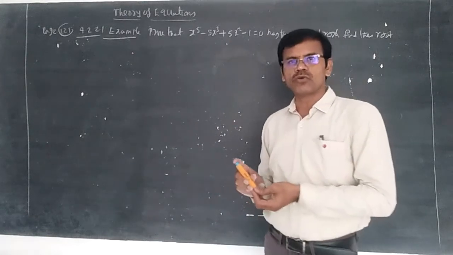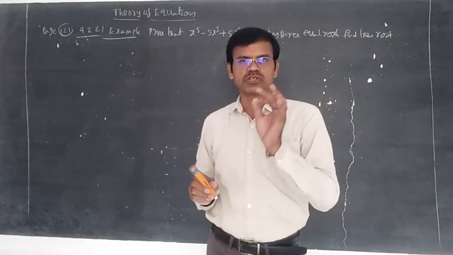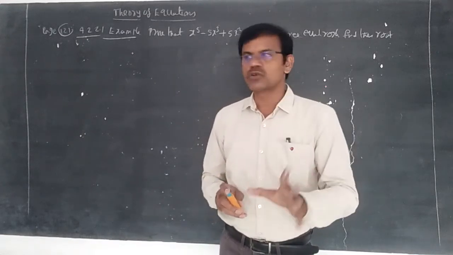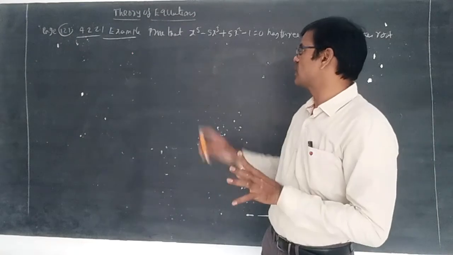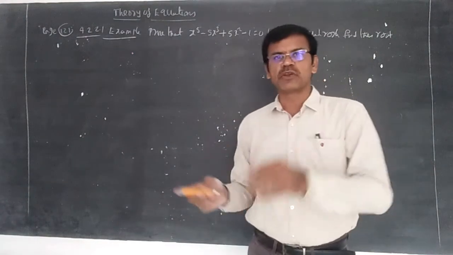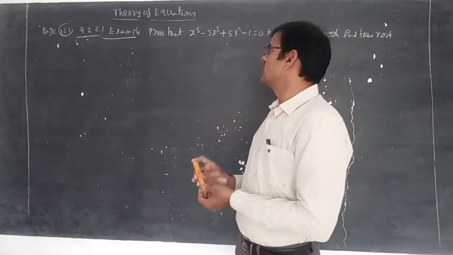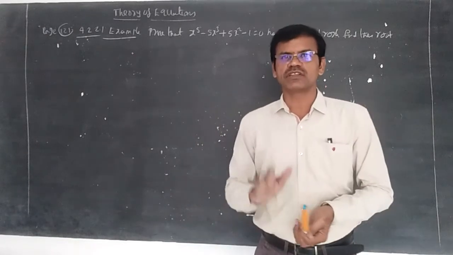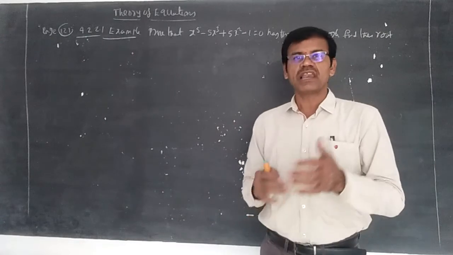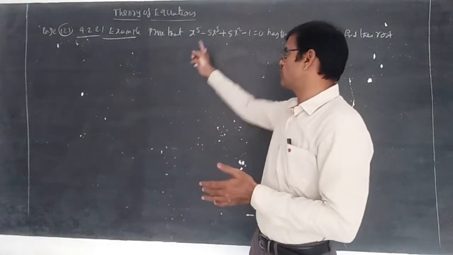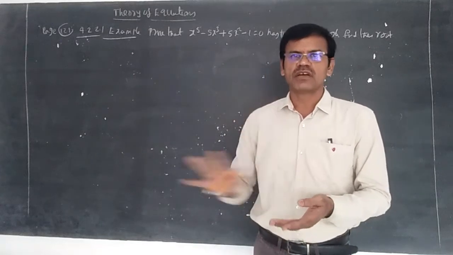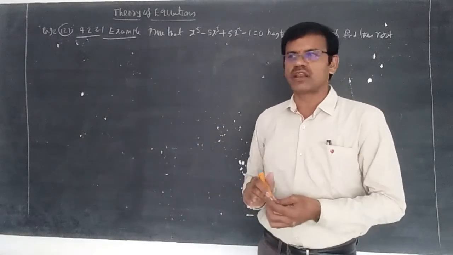There is no rule that a particular number should repeat. To find the repeated root, you should consider f of x, f dash x, f double dash x. This is nothing but the trial and error method.